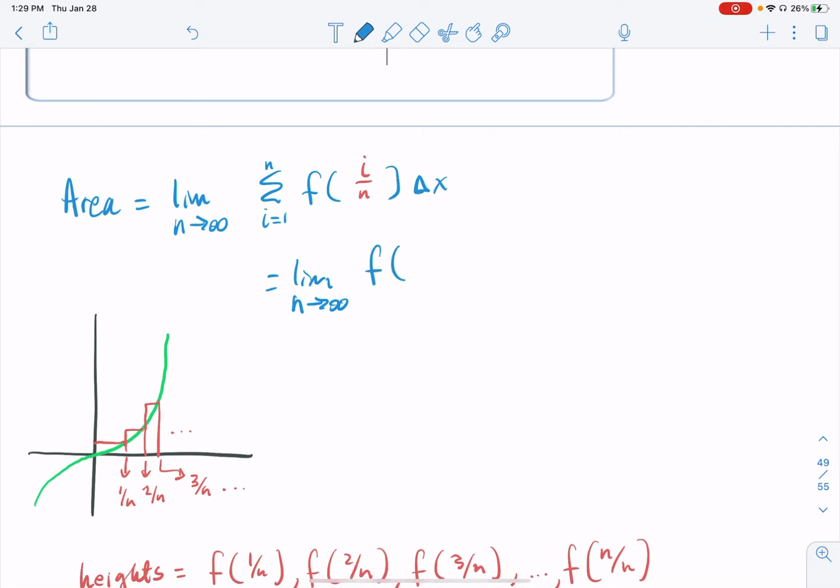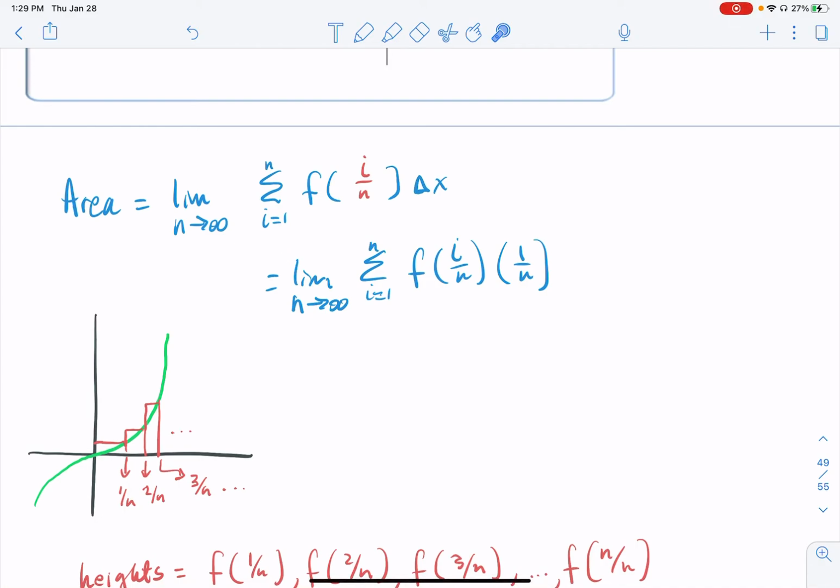This f of i over n, and then this delta x we said was 1 over n right there. As we did before, we can take this 1 over n and we can take it out of the summation, but we can't take it out of the limit.